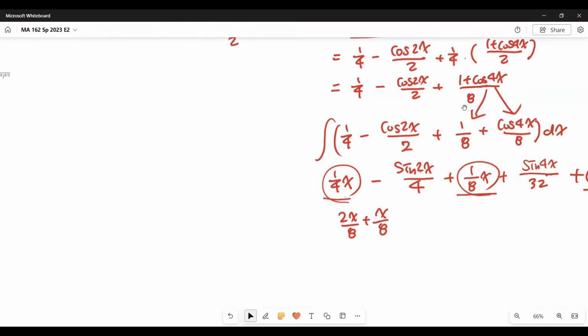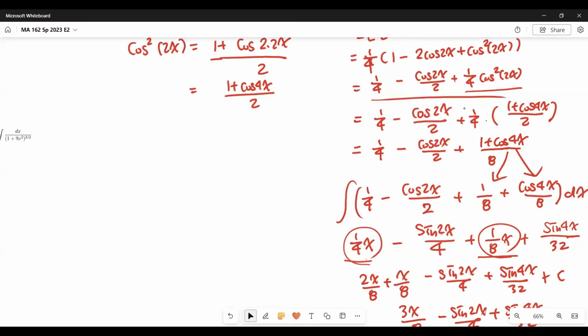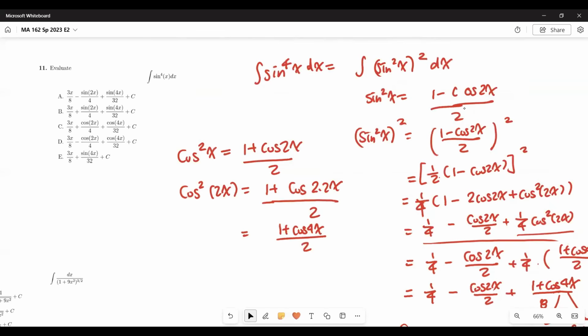There we go. Minus sine 2x over 4 plus sine 4x over 32 plus c. Right, so this becomes 3x over 8 minus sine 2x over 4 plus sine 4x over 32 plus c. So that's the answer choice A. So the answer for this question is A.